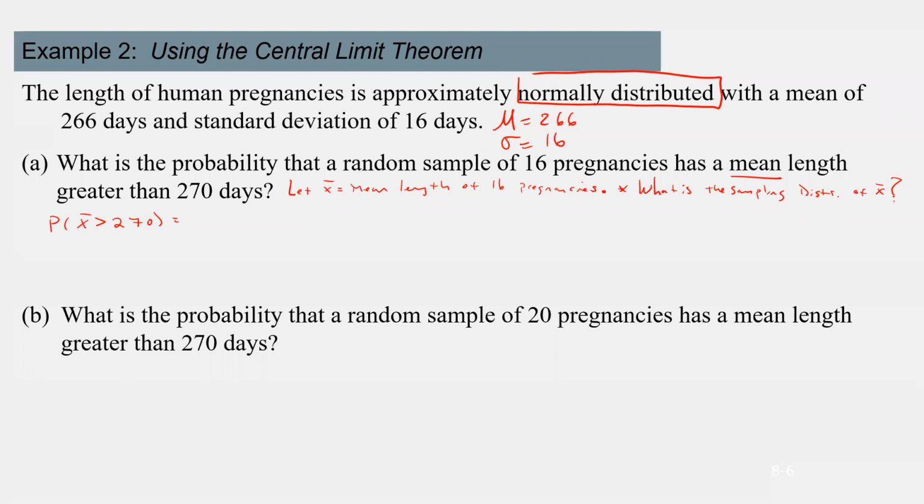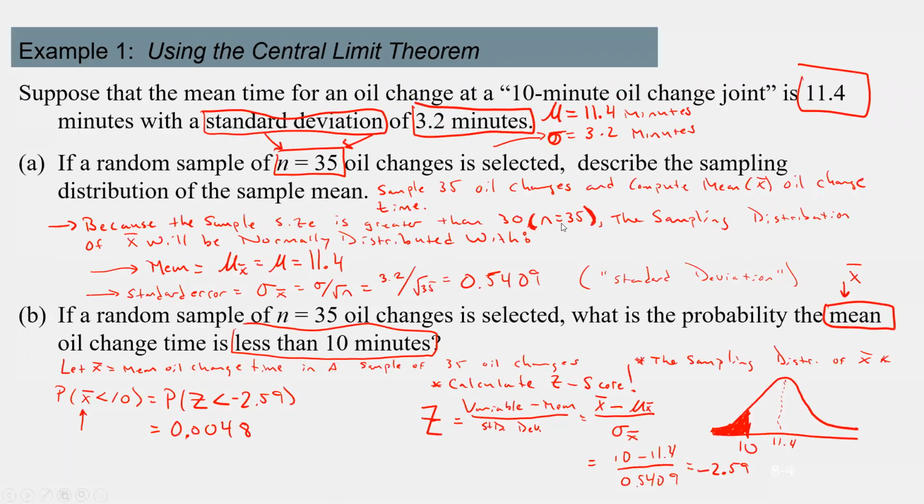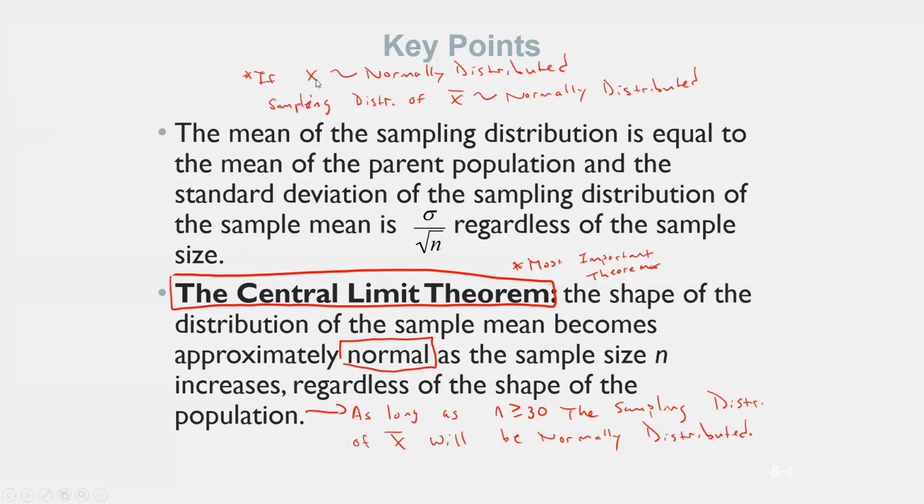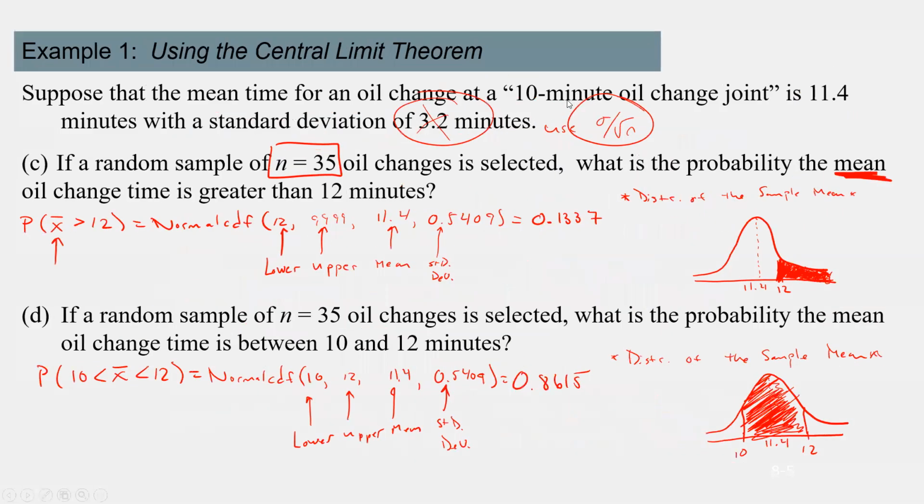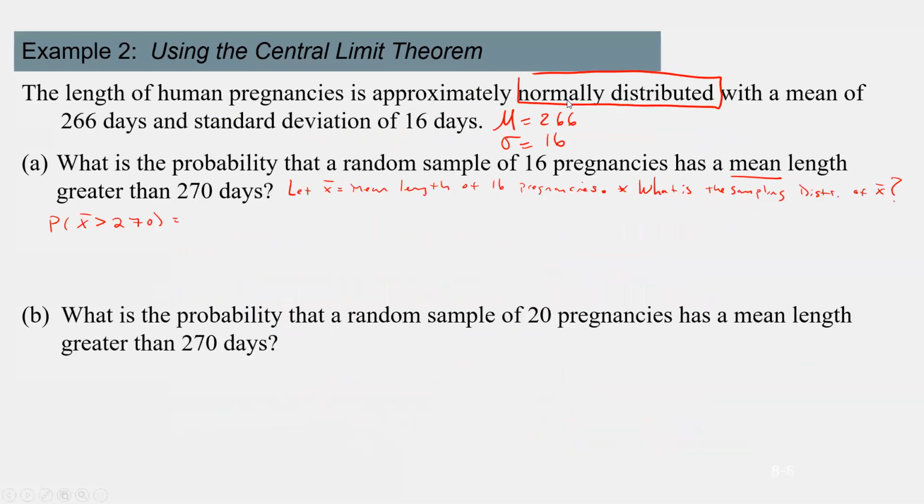But there was a little caveat here. Let me go back a few slides. If the original variable, so if pregnancies is normally distributed, which we're told it is, then the sampling distribution of X bar is normally distributed. So it doesn't matter in this case that you don't have 30.